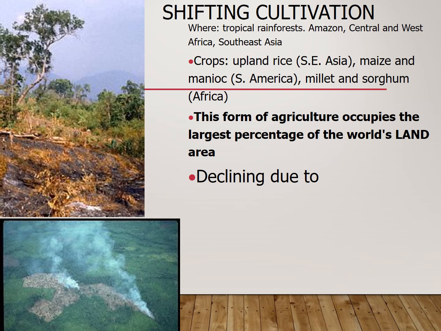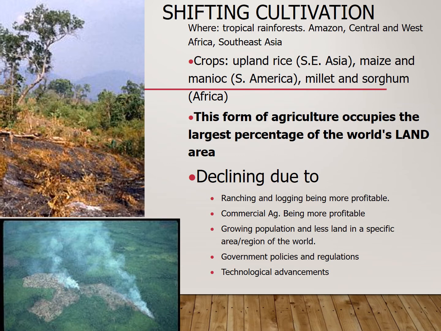We're going to look at something in class which is pretty interesting. It's a method that people have come up with to enable people to shift from shifting cultivation to another form of farming where they can reuse the same field. Now it is declining because there is a more profitable industry than just growing things, especially because developments in agriculture elsewhere have made other farms much more productive.